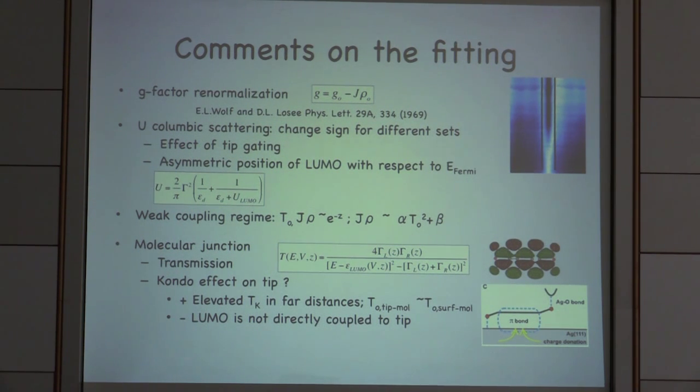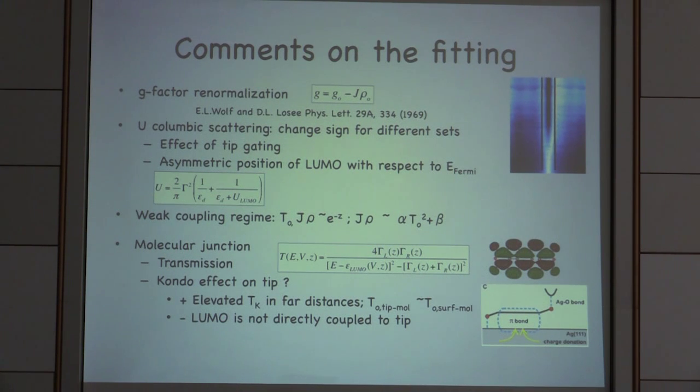If you are gating in some way, so that the LUMO and LUMO plus U are positioned asymmetrically with respect to the Fermi level, this gives rise to this U. Then in this weak coupling regime, I already showed that J rho and T are somehow proportional, and both scale as an exponential function.